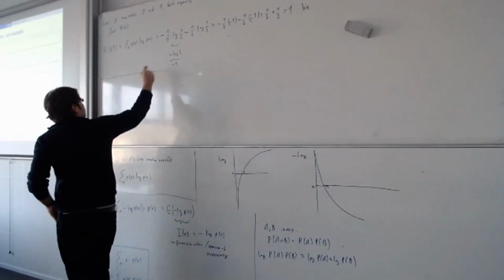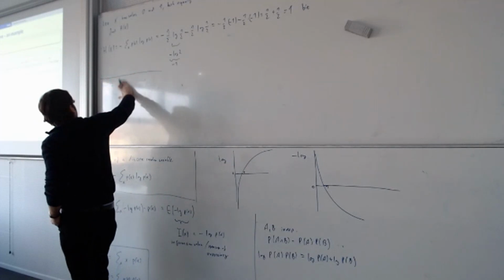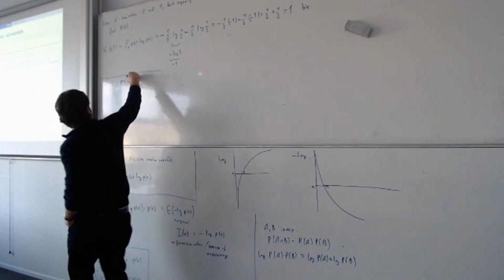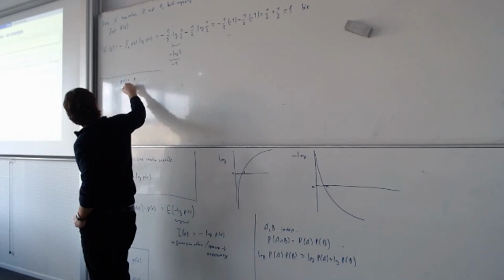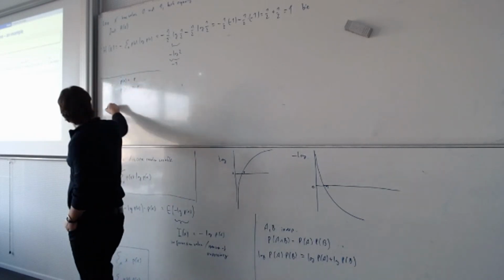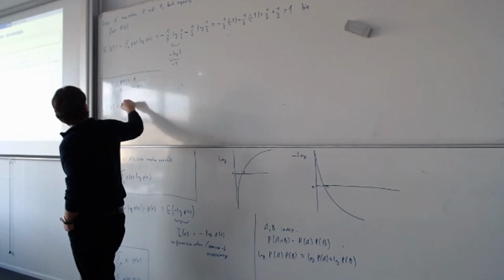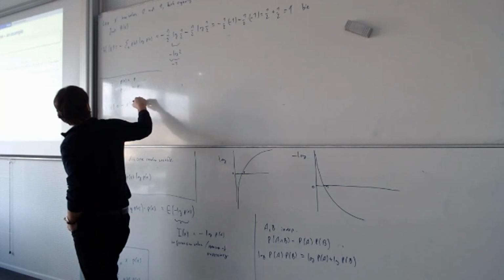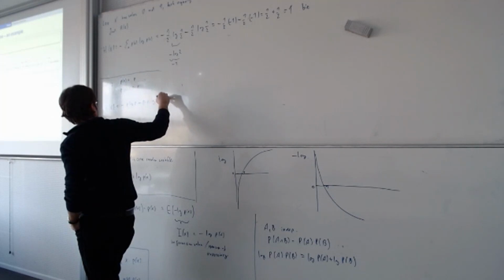Okay. Now, what if the probability of 1 is, let's say, some general small p, and the probability of 0 is, let's say, 1 minus p. Then the entropy is minus p logarithm of p minus (1 minus p) logarithm of (1 minus p).